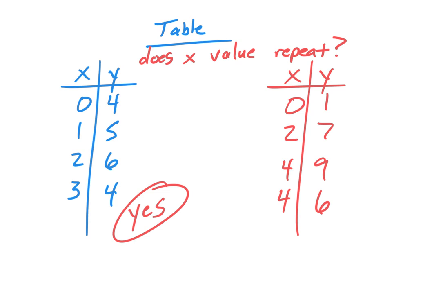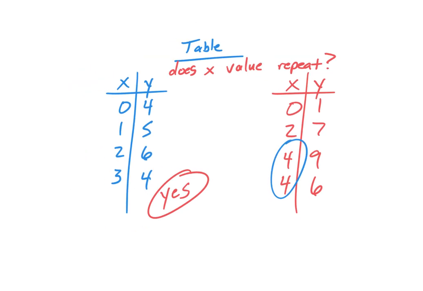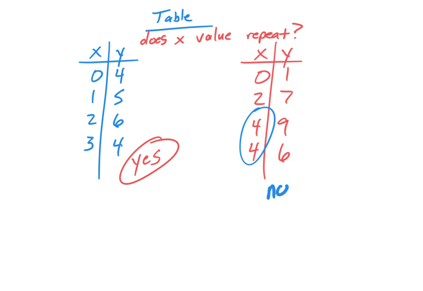In this case, the 4s repeat, and so we would say, no, this one is not a function because 4 repeats. So we have an x value that repeats. So the x value is the big thing that matters. We don't even have to look at the y values.